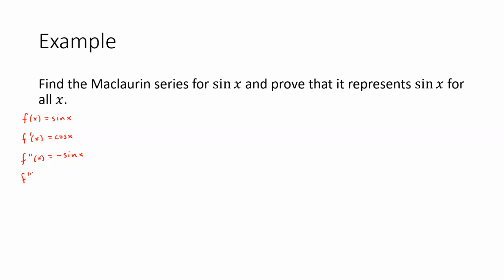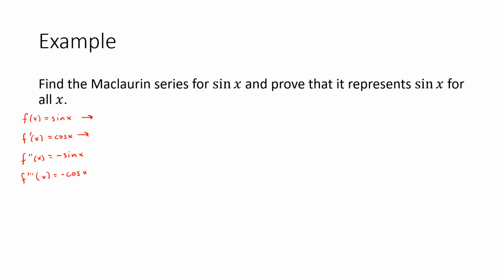Third derivative is negative cosine. Then the fourth derivative actually brings me back to the original f, which is sine x. And then it cycles through these values over and over again, right? So the fifth derivative, sixth derivative, seventh derivative cycle through these four values over and over again.